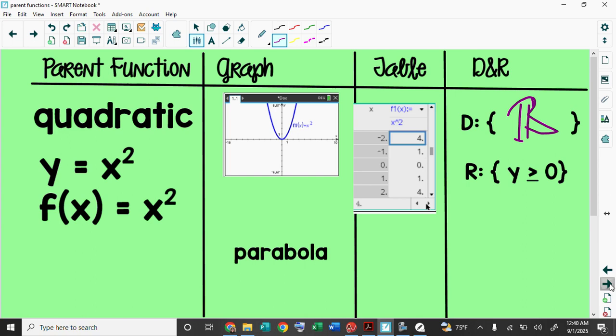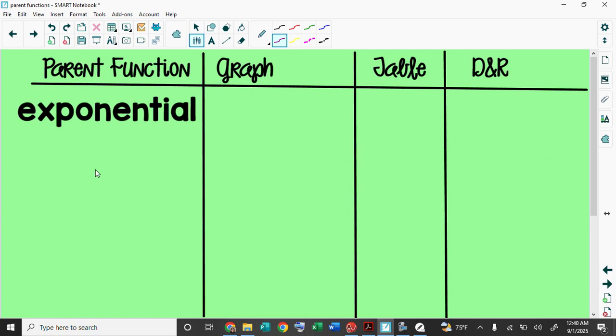My next one is going to be my exponential function. This is y equals a b to the x power, or f of x. That is the exponential function.